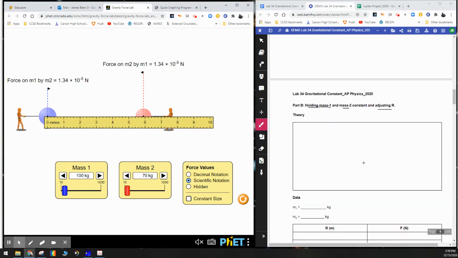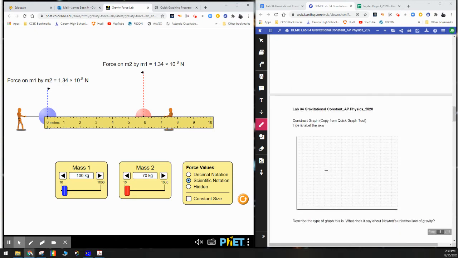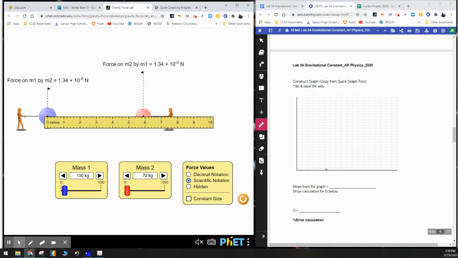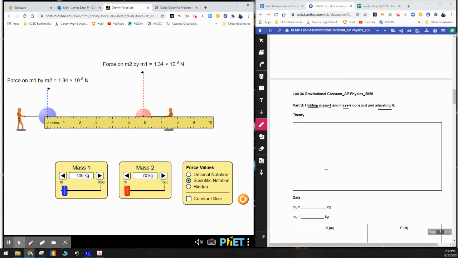Now, here's the theory. If I plot force as a function of the radius, I want to get what's called the inverse square law. That means it's going to come down like this.